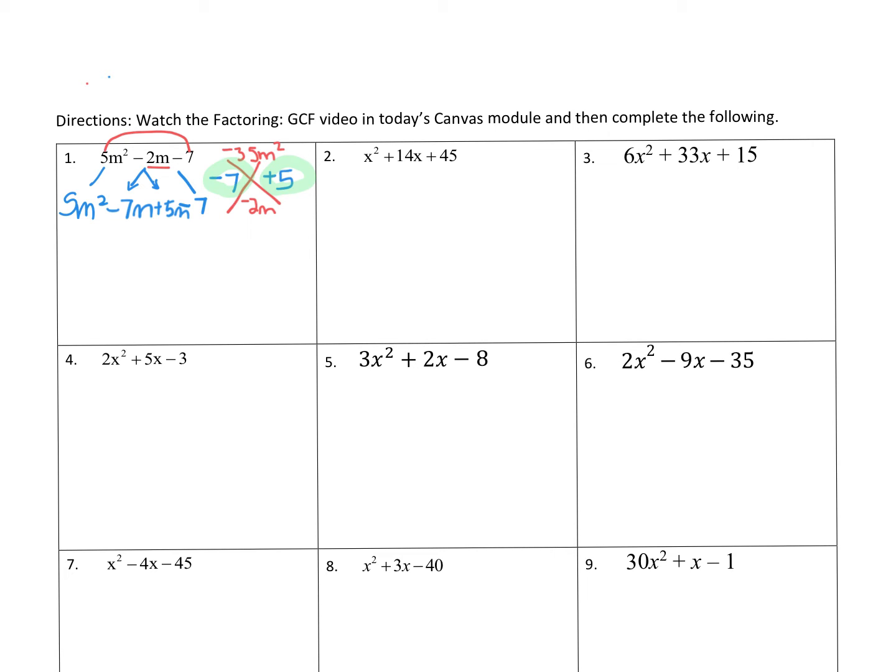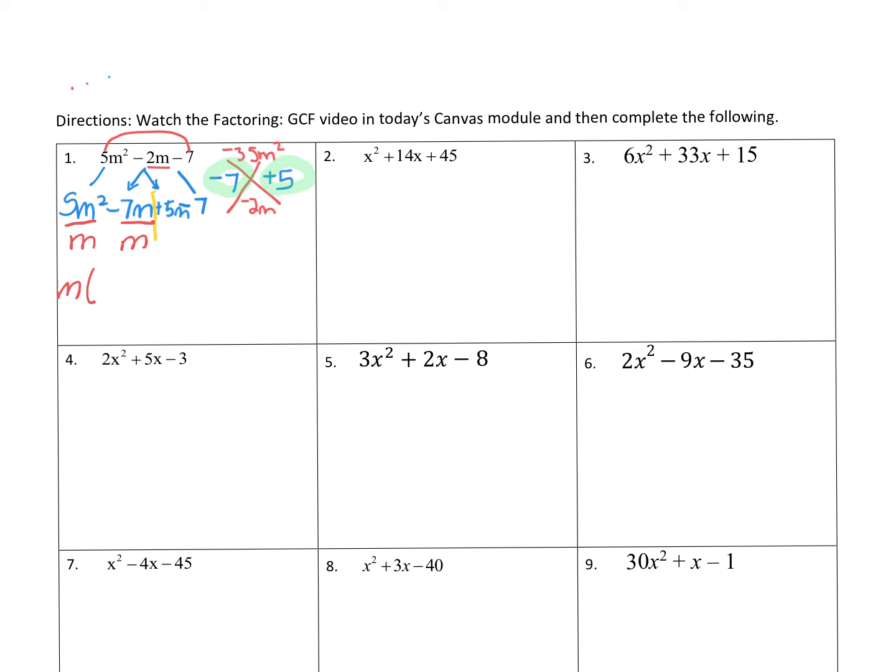And now we're just going to do our grouping process. That's how we handled 4 terms before. That's how we'll handle them now. So we're going to take 4 terms and create 2 groups of 2. I'm going to look at that first group and determine what the greatest common factor is, and that would be an m.